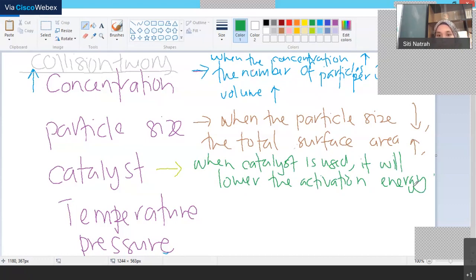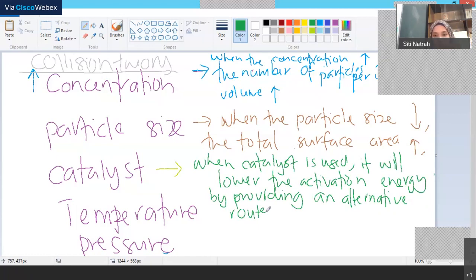So bila dia dah rendahkan activation energy ni, so actually dia provide alternative jalan tau. Okay. So you can write down when catalyst is used, it will lower the activation energy by providing an alternative path. Therefore, the rate of reaction is increased. Okay.